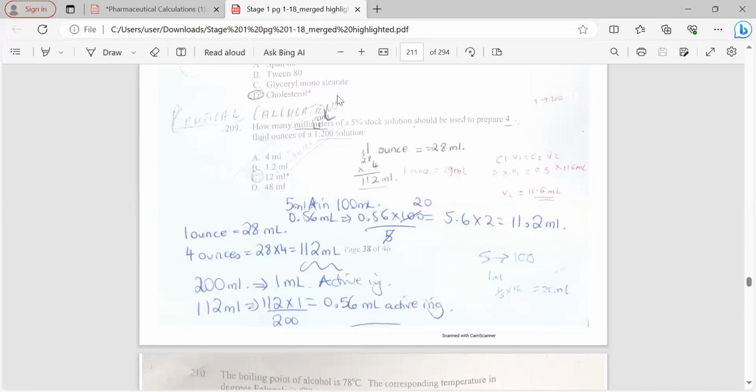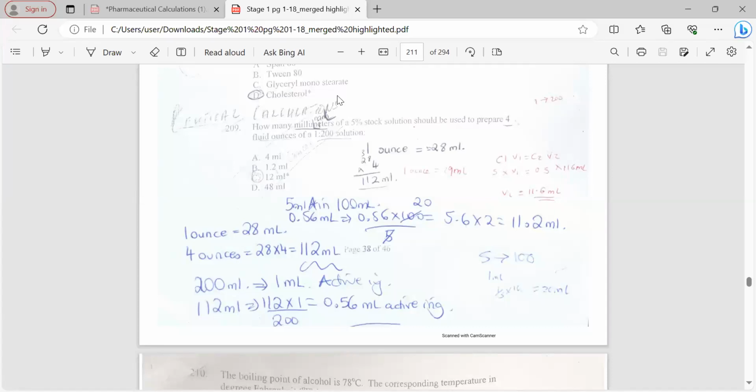Okay, so let's start now. I'm back officially. So the stock solution is 5%. So 5% means 5 mLs is in 100 ml of solution. That's our stock. Then what we want is a concentration of 1 ml in 200.